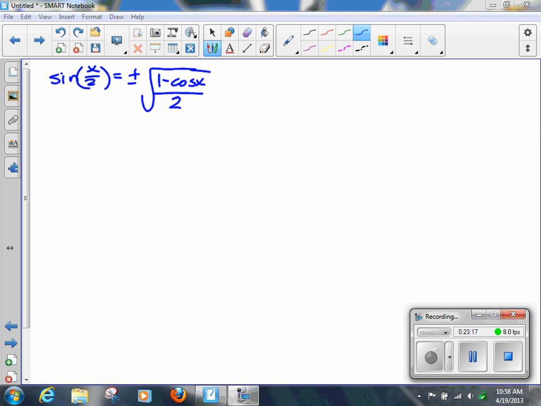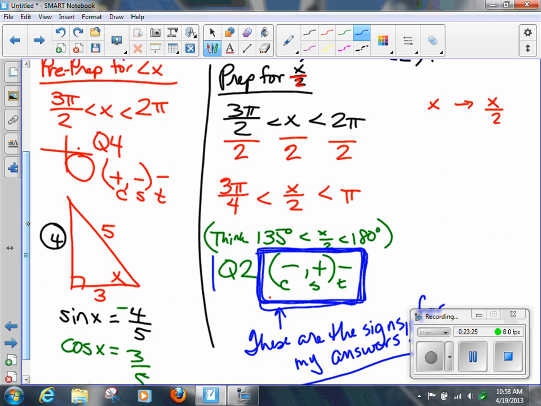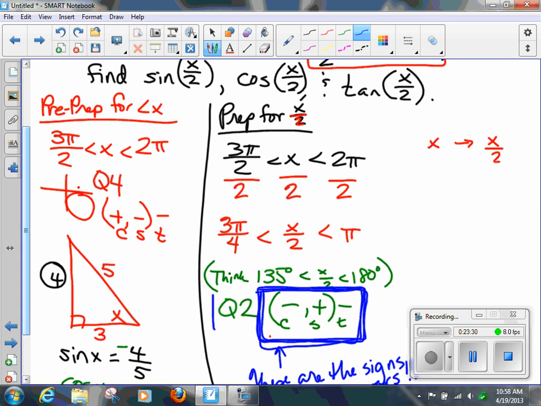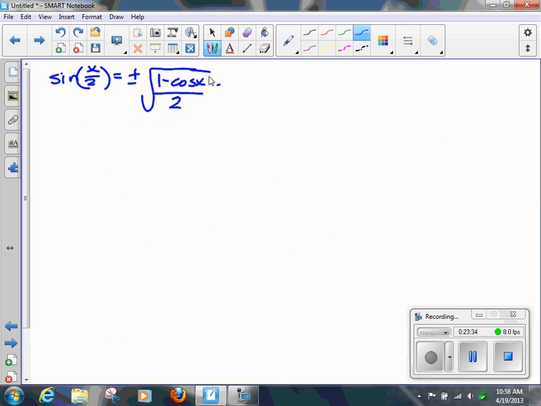What's our cosine x value? Well, that's from your pre-prep work because our angle x is here in the first column, okay? So let's go back, and I'm going to be going back and forth the whole time. Do we have to put these signs here in the front?